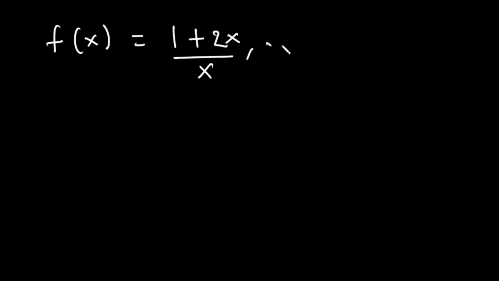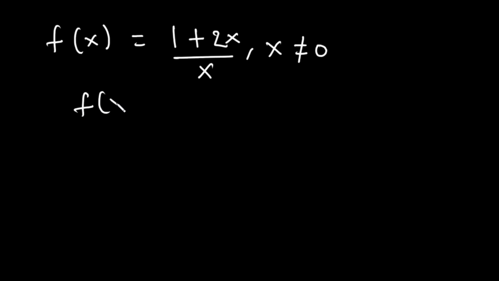So let's say we have a function f of x, which is equal to (1 plus 2x) divided by x, where x is not equal to 0. How do we find the inverse of this function? To find the inverse of the function f of x, we first need to replace f of x with y.